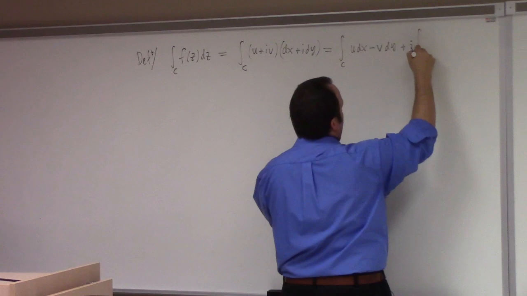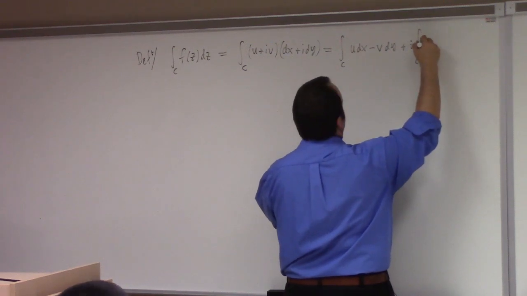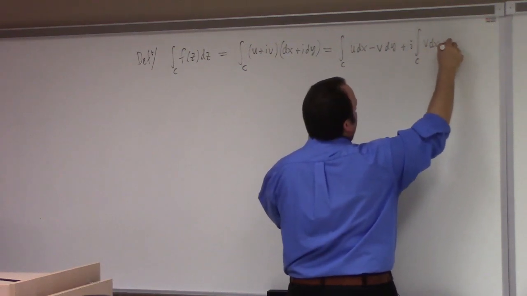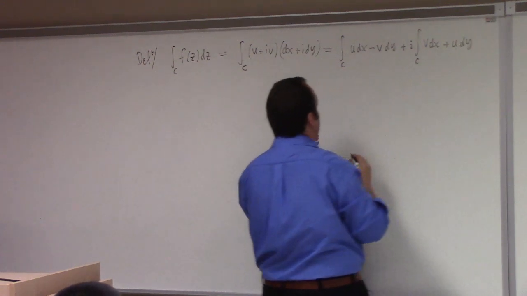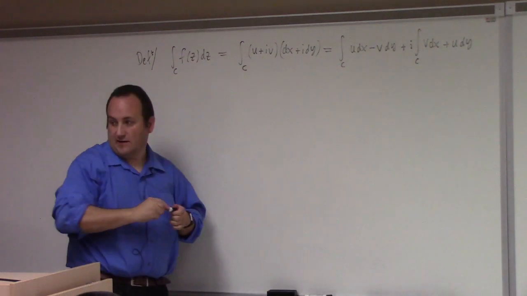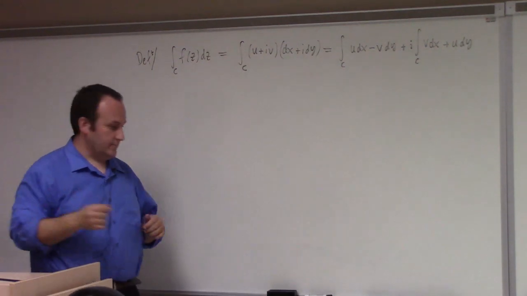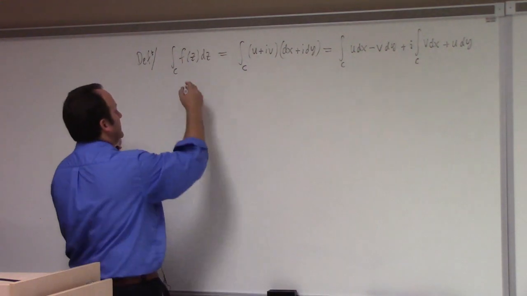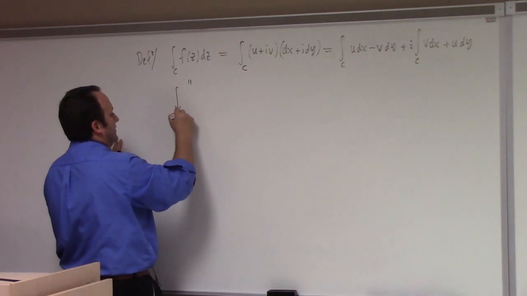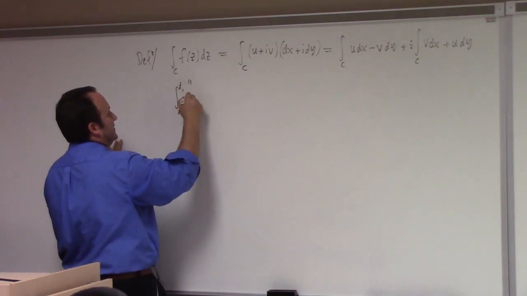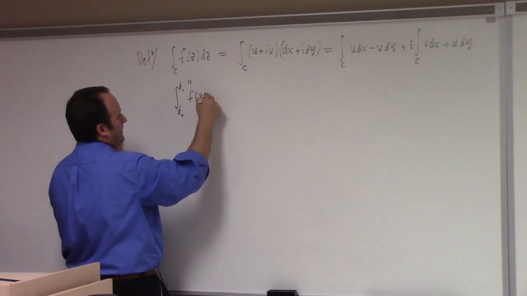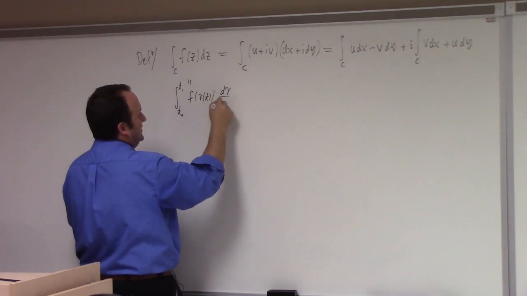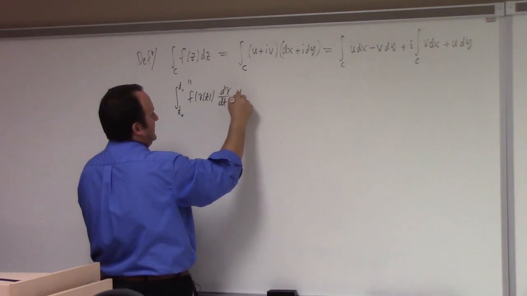The integrals I'm writing here are just ordinary garden variety line integrals from calculus 3, which we would define in the calculus 3 way. The other way we could do it would be to integrate from t0 to t1 of f(γ(t)) times dγ/dt, dt.